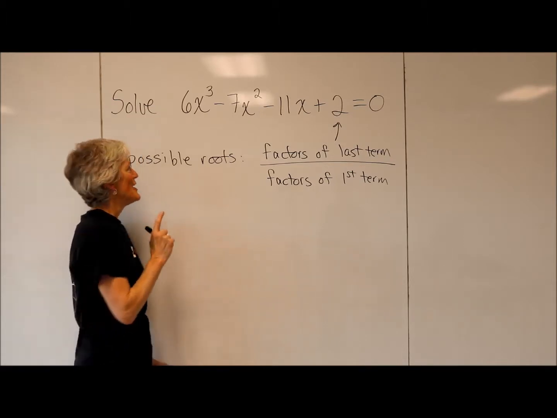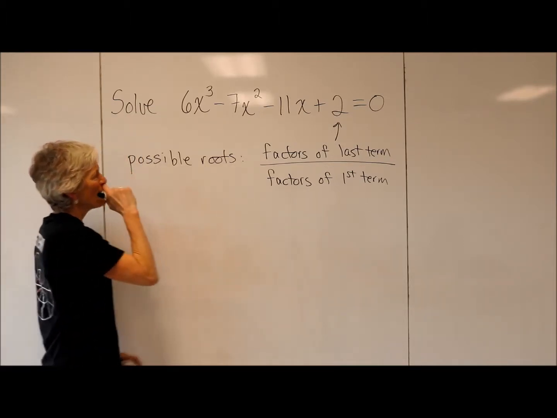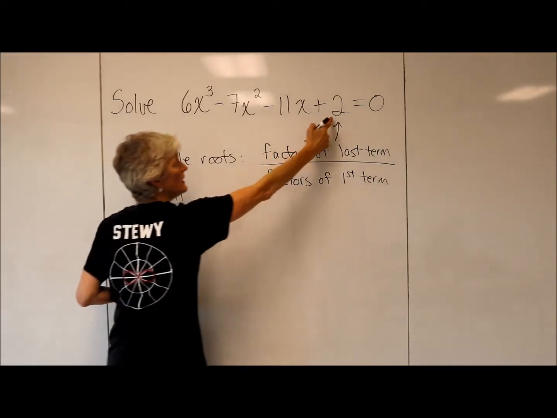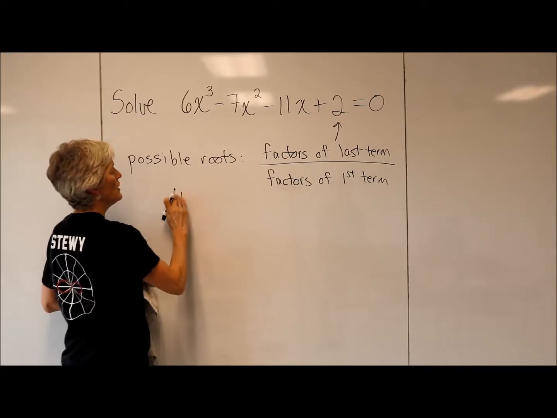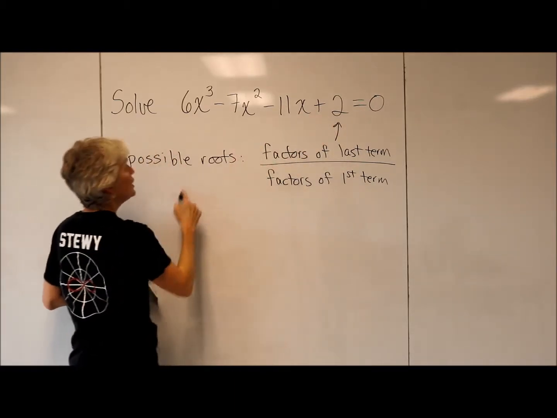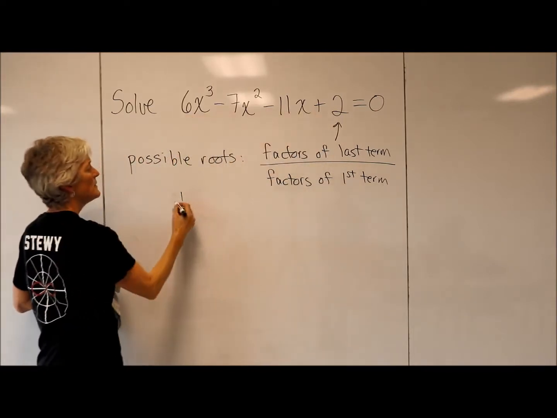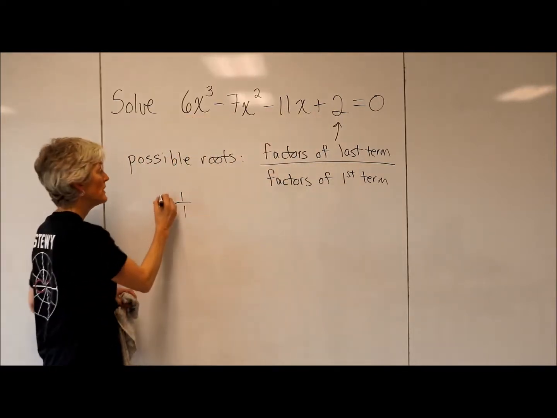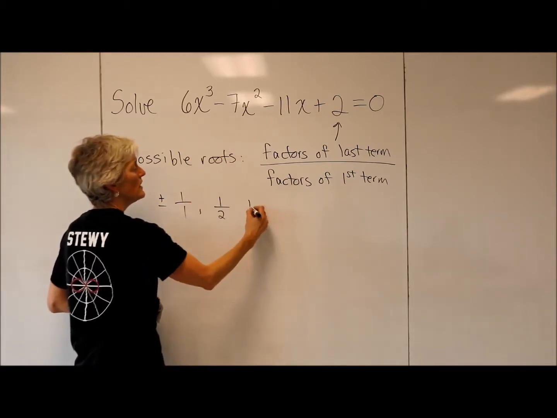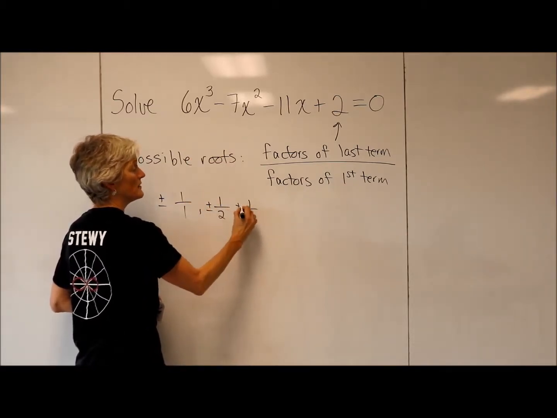Okay. Let's make a list of the possible roots. So, plus or minus 1 is a possible root, right? It's a factor of this last term. So maybe 1 divided by 1, plus or minus. Or 1 divided by 2. Or 1 divided by 3, plus or minus, right?